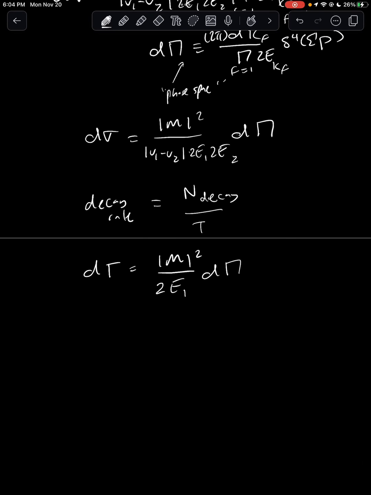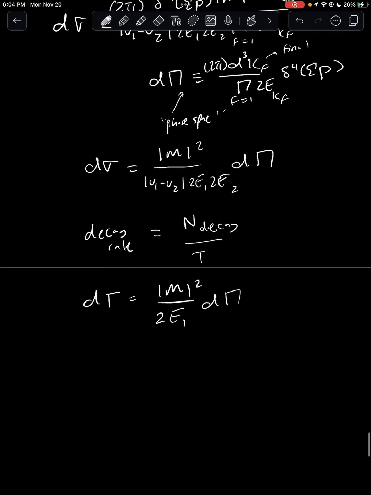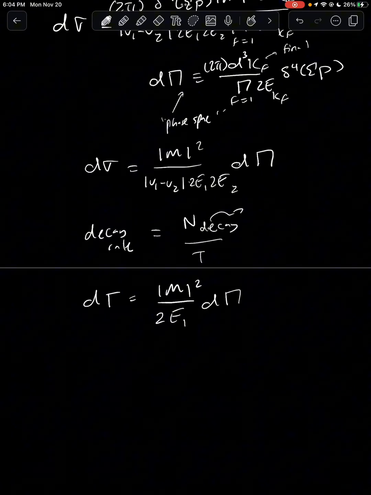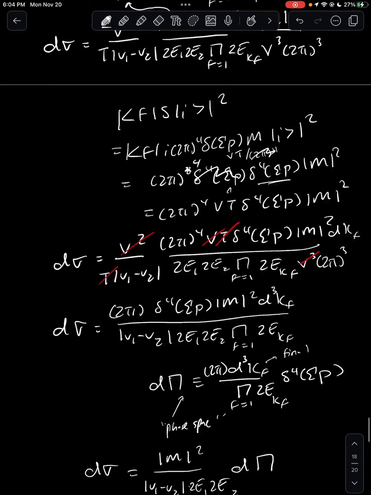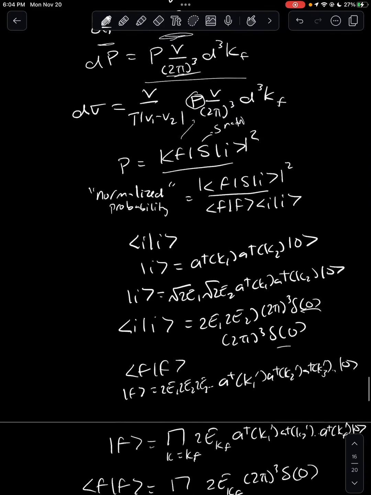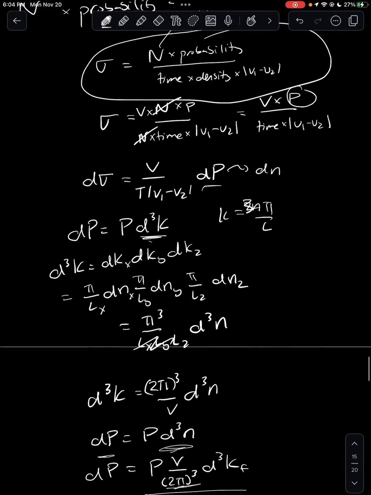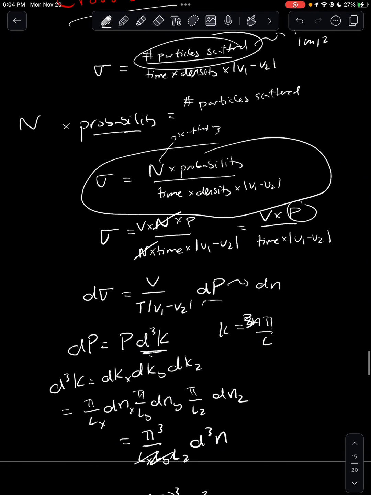I hope you guys can see why that's the case, because we can write this over here as the probability that the particle does decay times the total number of particles. And that is very similar to this formula over here for the cross section, the total number of particles that scatter times the probability.